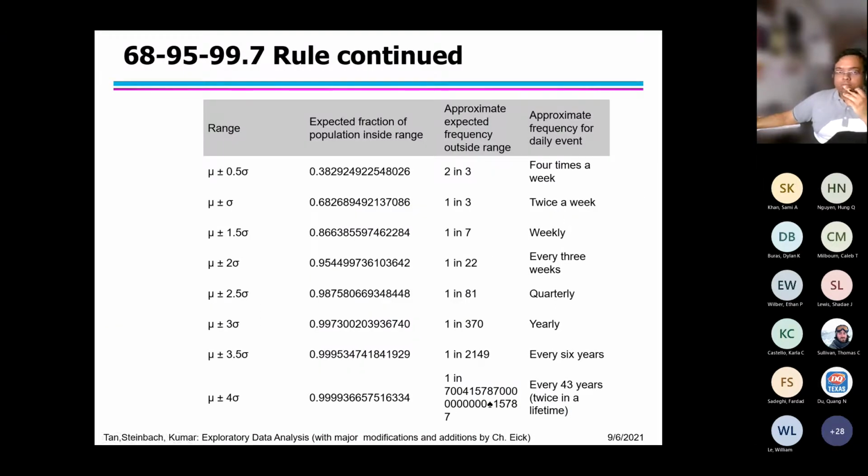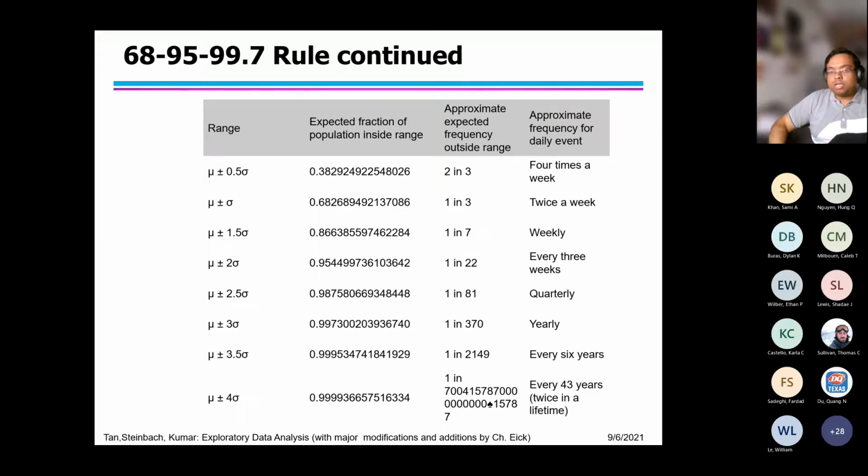So, like I said, what you understand from figuring out whether something falls within one standard deviation or not is how often something is going to be within that range.